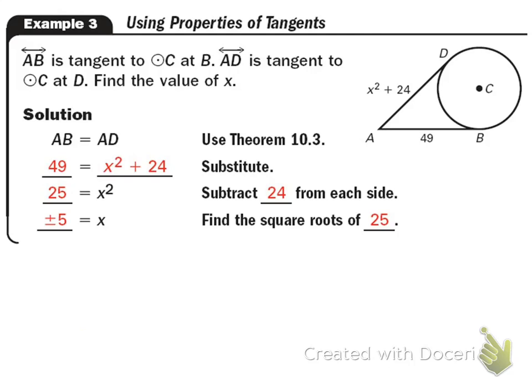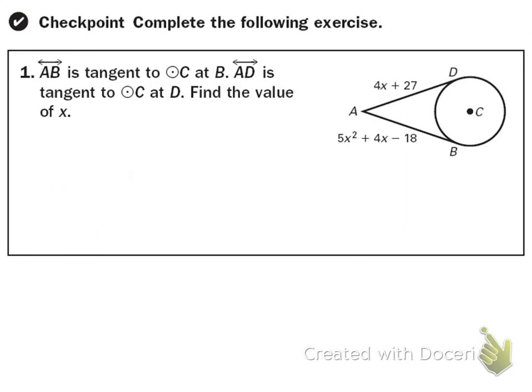A lot of times we can't use the negative answer because the negative answer would make the length of a segment be negative. But in this situation, if we use the negative, we would still end up with a positive answer. So we can use both the positive and the negative. Just be careful when you do get two answers like this. Be careful and check and make sure that you can use both of them. Sometimes you have to throw out one.